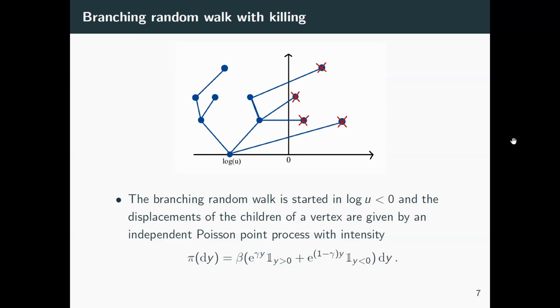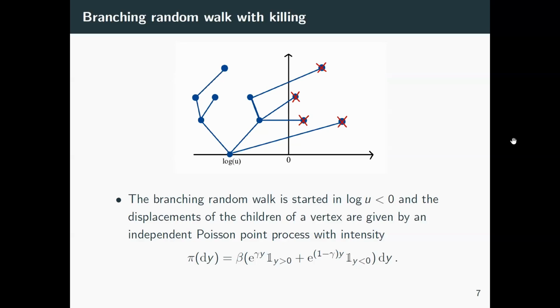Then you repeat this process for all generations in an independent manner, meaning in a given generation, you look at the particles in that generation, for example this one, and then you take an independent copy of this Poisson process, which generates the offspring of this particle. You do this for all particles in a given generation, and you try to do this forever until the process dies, or it can live forever.